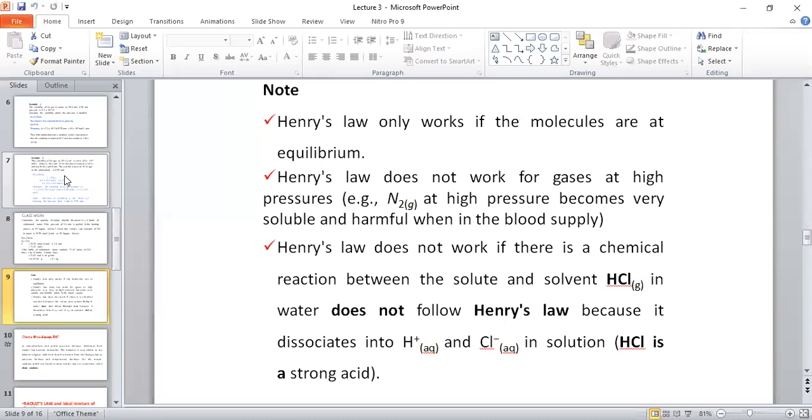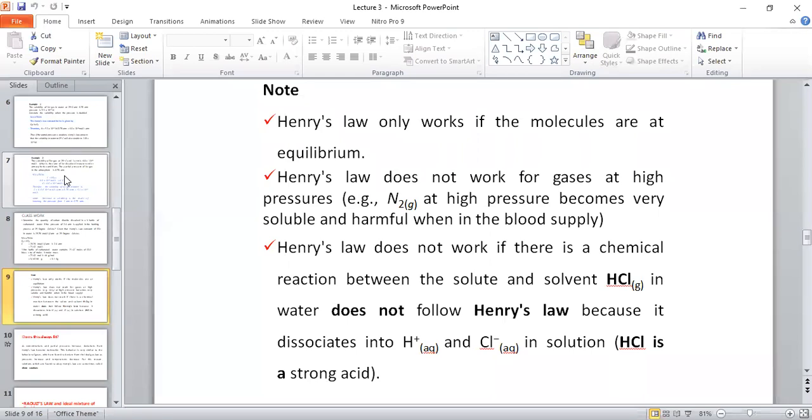Then Henry's law does not work if there's a chemical reaction between the solute and the solvent. For example, if you use hydrogen chloride gas in water, Henry's law does not work because there's dissociation going on.